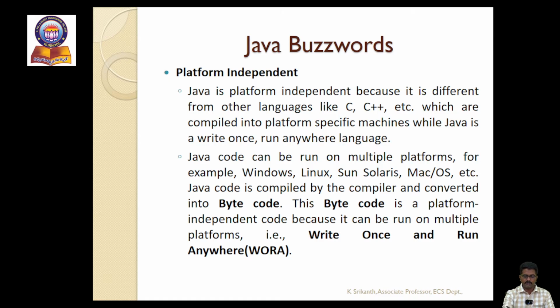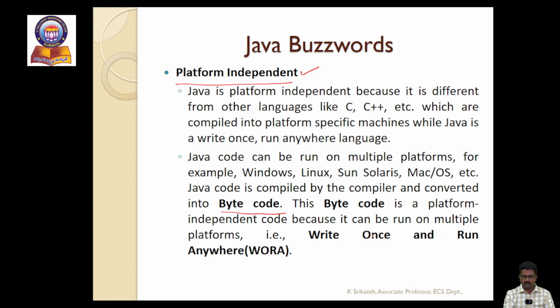So the third feature is platform independent, and in the last video we already discussed what platform independent is and why Java became platform independent because of the bytecode. We already discussed the word bytecode, which is an intermediate code which is common for all JVMs related to an OS, right?